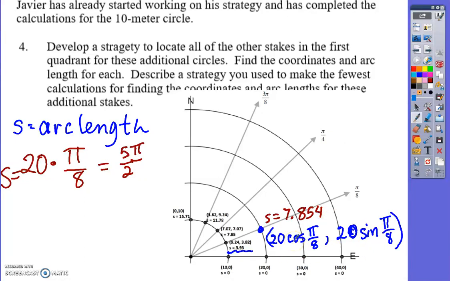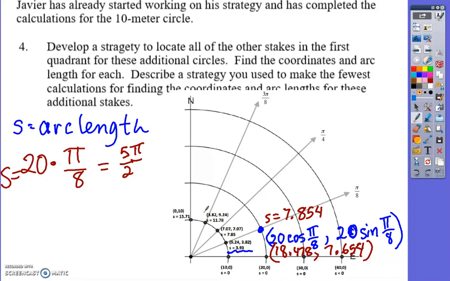And then the other two measurements are, this one is 18.478, and 20 times the sine of pi/8 is 7.654.